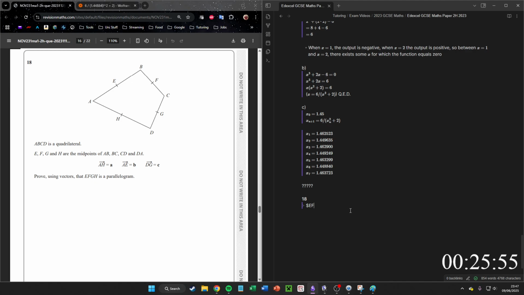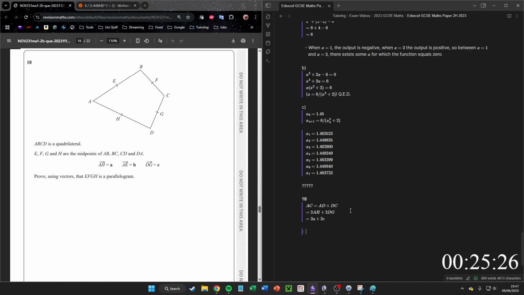What might be a useful thing to do straight away is we can say that AC is equal to AD plus DC, which is equal to 2AH plus 2DG, which is equal to 2a plus 2c. Okay, that's a useful thing. We'll get there eventually. Get into b.